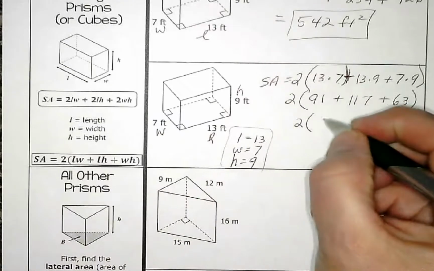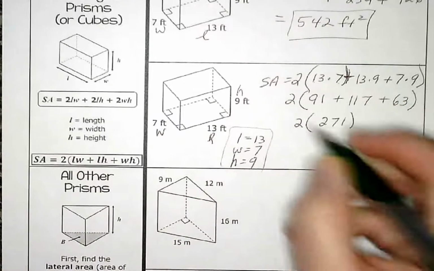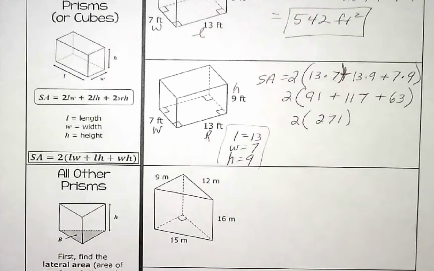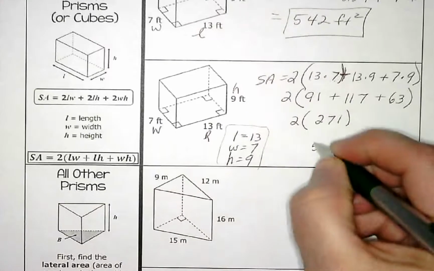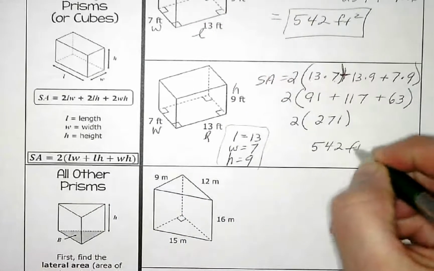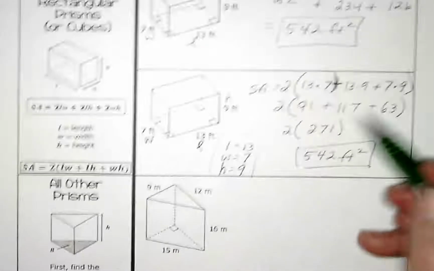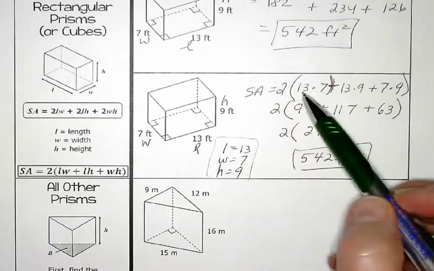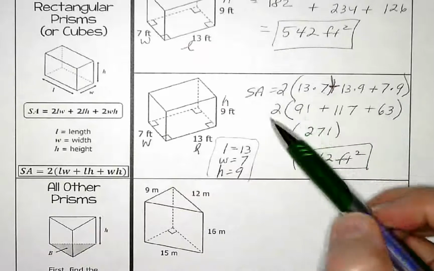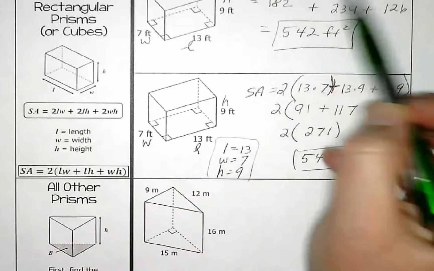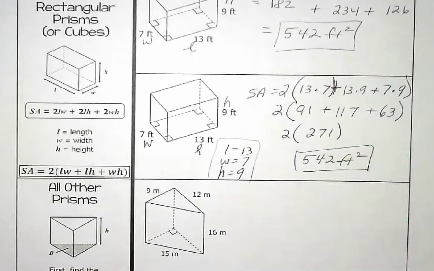I get 271 times 2, and I get 542 square feet, which is the same answer. So whichever one you think is easiest, if you want to do this piece first and then take it times 2, or if you'd rather take it times 2 each time, it doesn't matter. You can see you'll get the same answer.